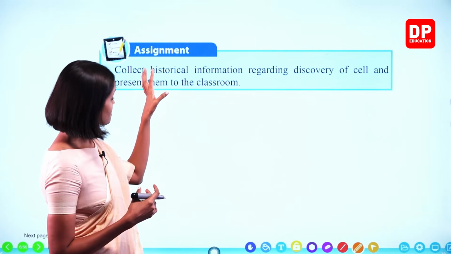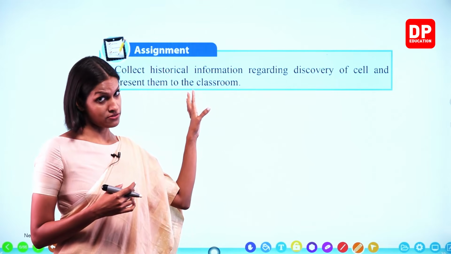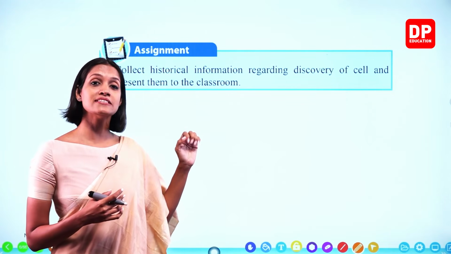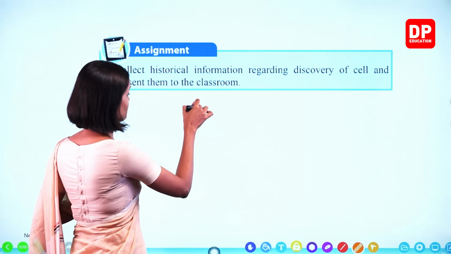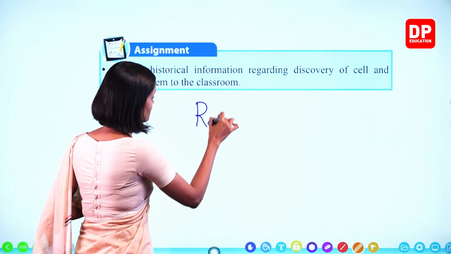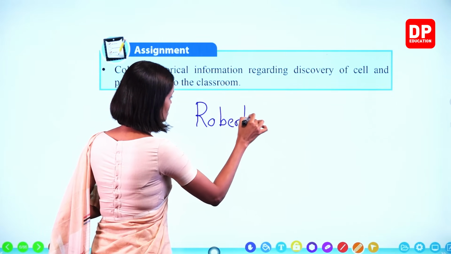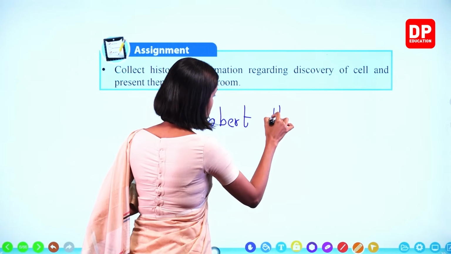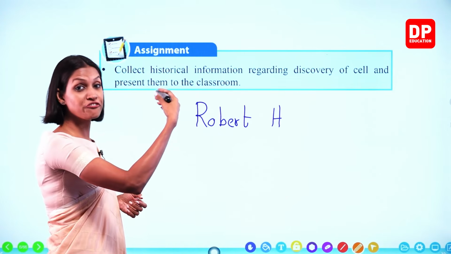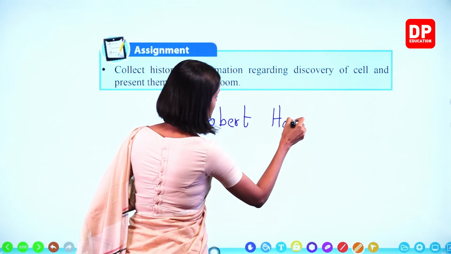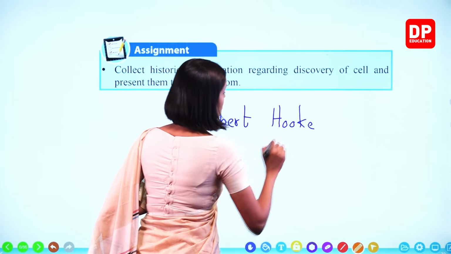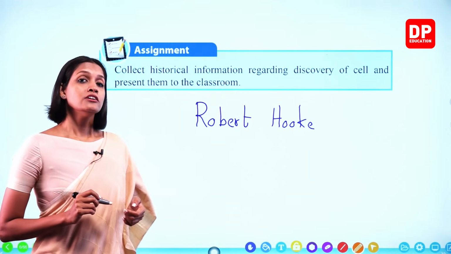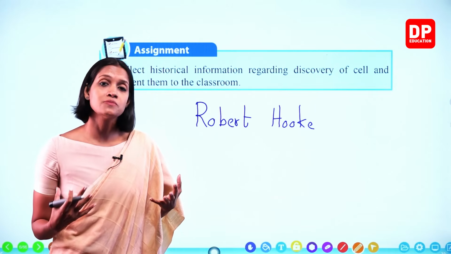The cell, for the first time, was discovered by the scientist called Robert Hooke. Right? Robert Hooke observed cells for the first time. So who observed microorganisms for the first time?